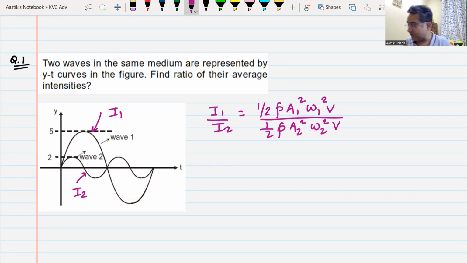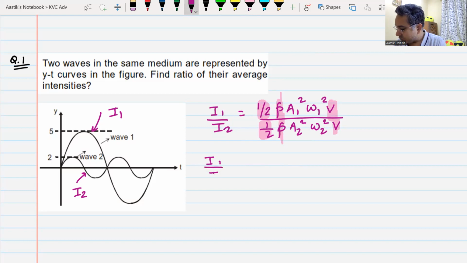What have I kept similar and what have I kept different? Apart from half, this rho and rho are same. Why are they same? The medium is same, sir. V and V are same. Why are they same? The medium is same, sir. That's it.